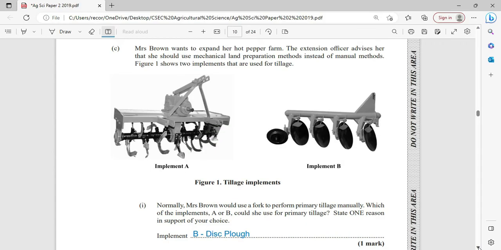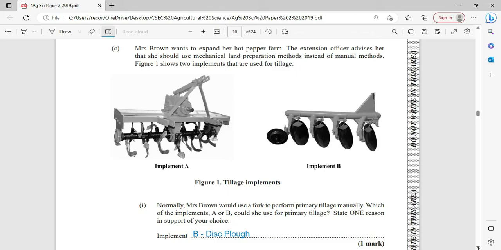Mrs. Brown wants to expand her hot pepper farm. The extension officer advises her that she should use mechanical land preparation method instead of manual methods. Figure 1 shows two implements that are used for tillage.